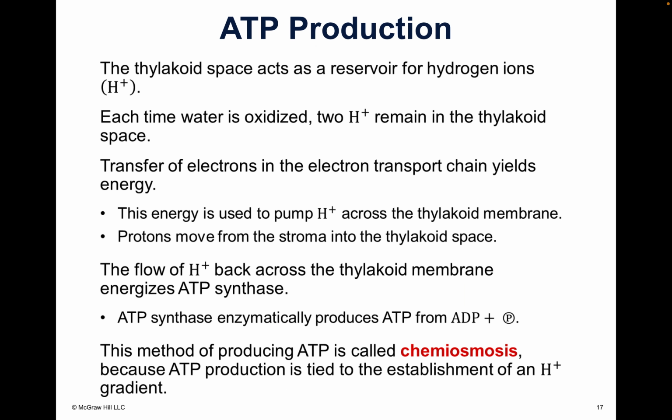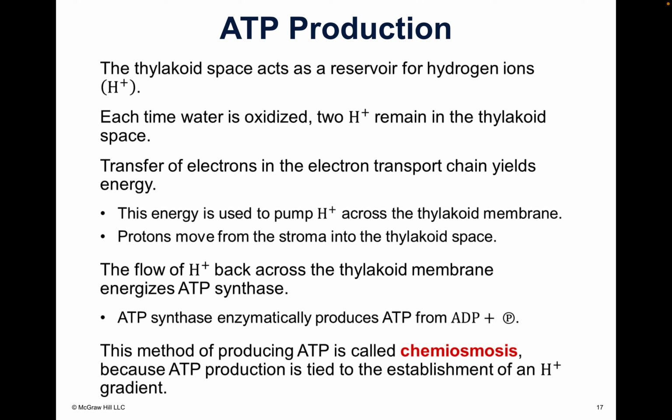So ATP production. All right, so I'm going to talk you through this, but I'm going to find you a video of this to make it make sense, since I can't draw it out for you. So ATP production. So how do we produce this ATP through this cycle? So the thylakoid space acts as a reservoir for hydrogen ions.